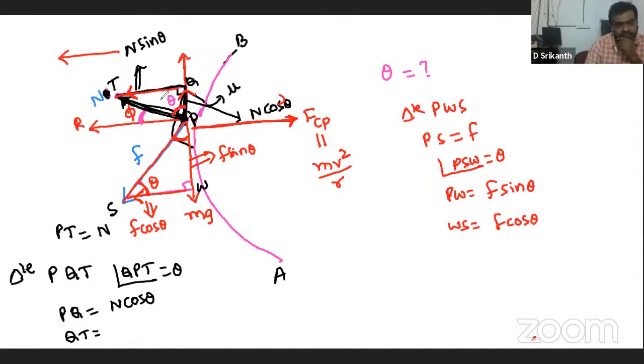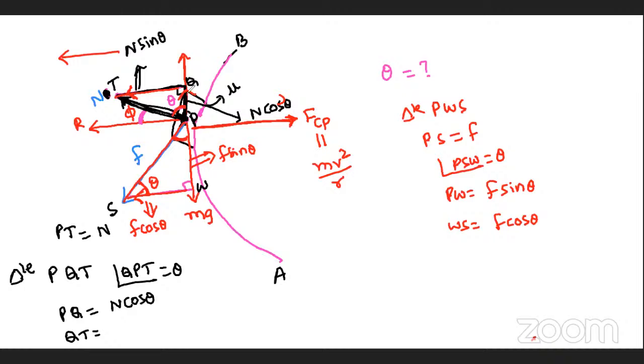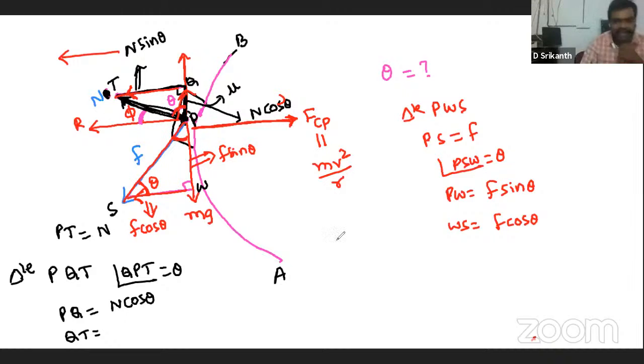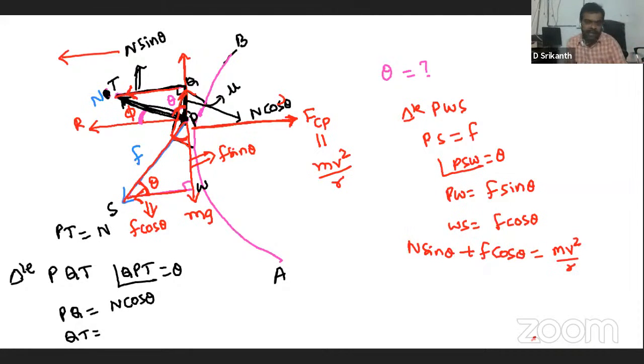Whenever the object is in equilibrium, we can write it as N sin theta plus F cos theta is equal to mv square by r. Look at the equation. Is the equation fine? Now look perpendicularly.